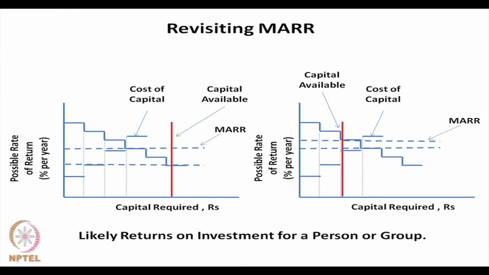So, what we understand from these two diagrams is that there are 2 considerations in finding out the minimum attractive rate of return for an investor. One is the cost of capital and the other is the profit or rate of return that the investor is forfeiting because he does not have sufficient capital with him.